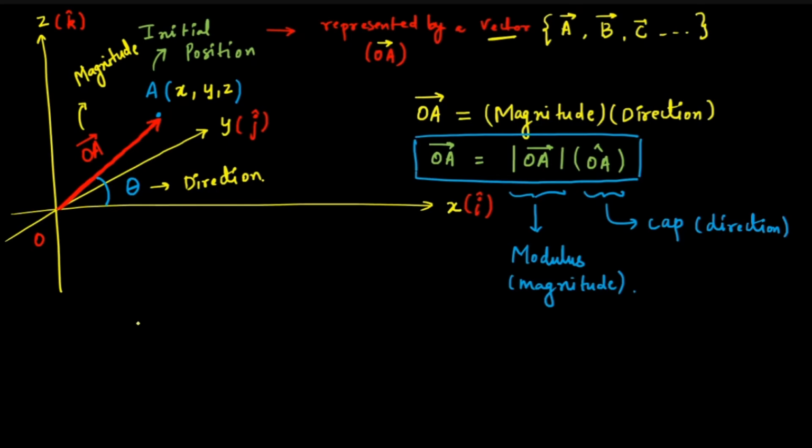Let's move ahead. So this vector OA must have three components. We need to understand this.